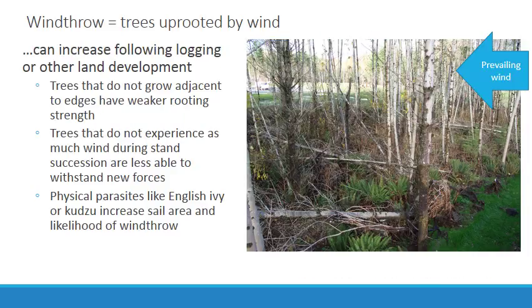But wind throw can also increase following logging or changes in land use, especially in young forests that are managed specifically for timber. The removal of trees at a forest edge increases the exposure of the remaining trees to the wind, and trees that grow adjacent to lakes or other natural forest edges, or in exposed situations like hillsides, usually develop a greater rooting strength to prevent the tree throw from happening.